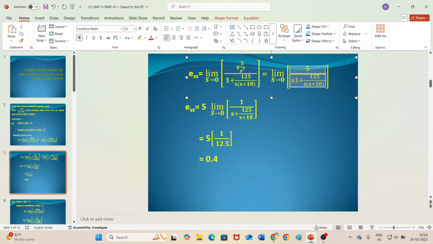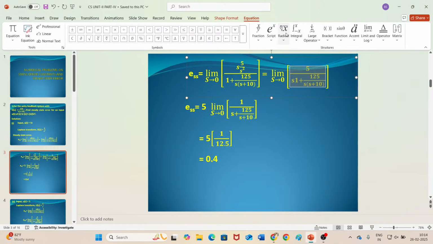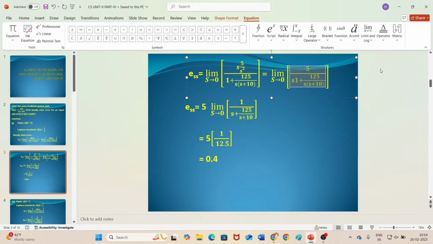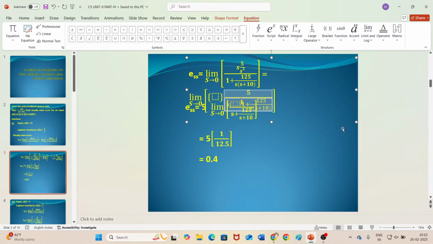And I want a bracket here, so I will just insert a bracket for your sake, not for my sake. You must be able to solve by now. No need to rely on me. This bracket I wanted here.